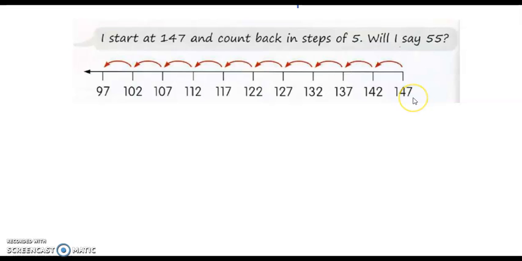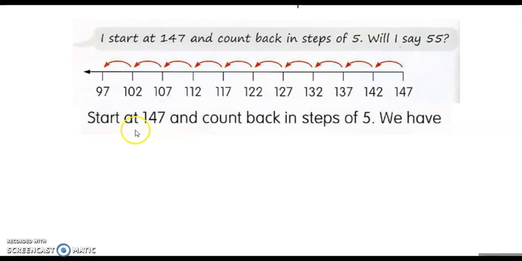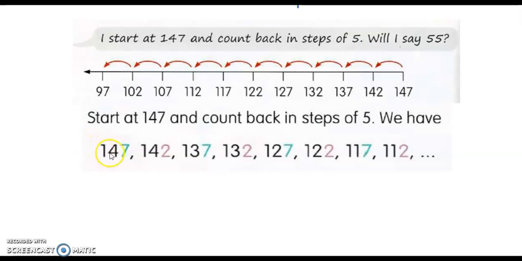But the number we are going to start at is 147. I'm going to start counting back from this number. So start at 147 and count back in steps of 5. So we will have 147. After that, I'm going to minus 5. I'll get 142.